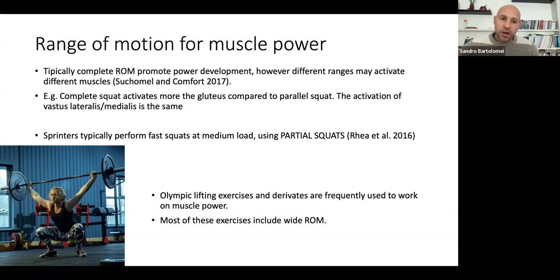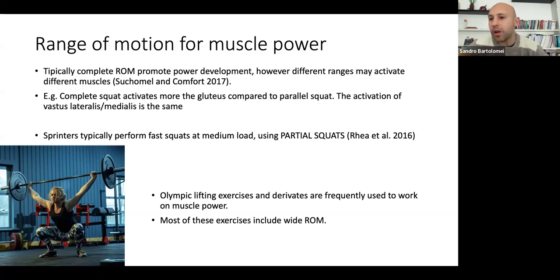However, in some contexts, for example, sprinters use partial squats because they try to reproduce the angle at the knee that is typical of sprinting. So for them, it may be important to perform full depth squats only during the introductory phase or during the fundamental phase.